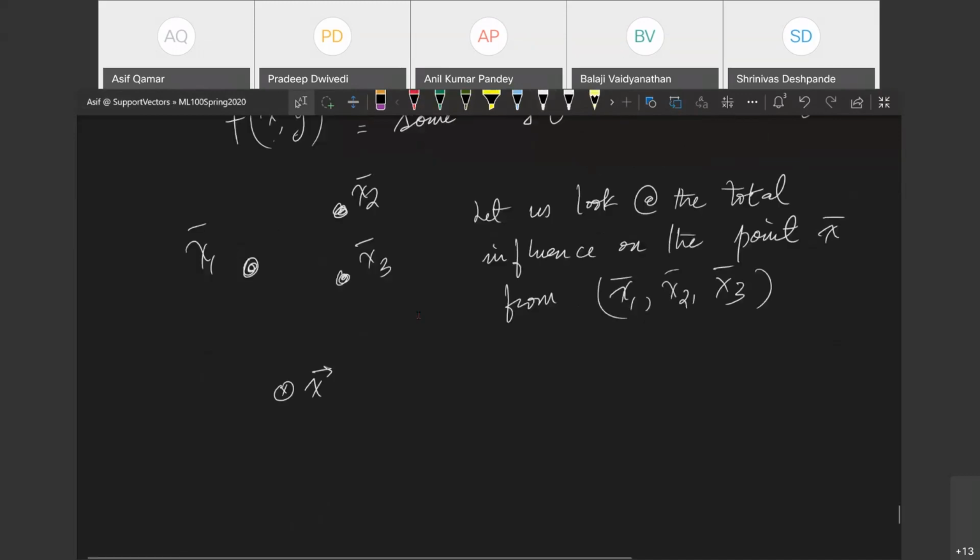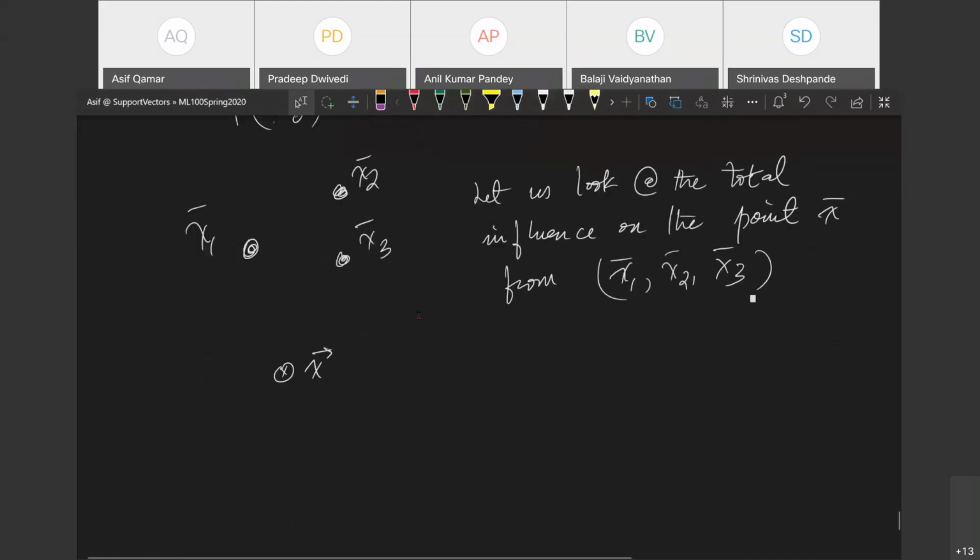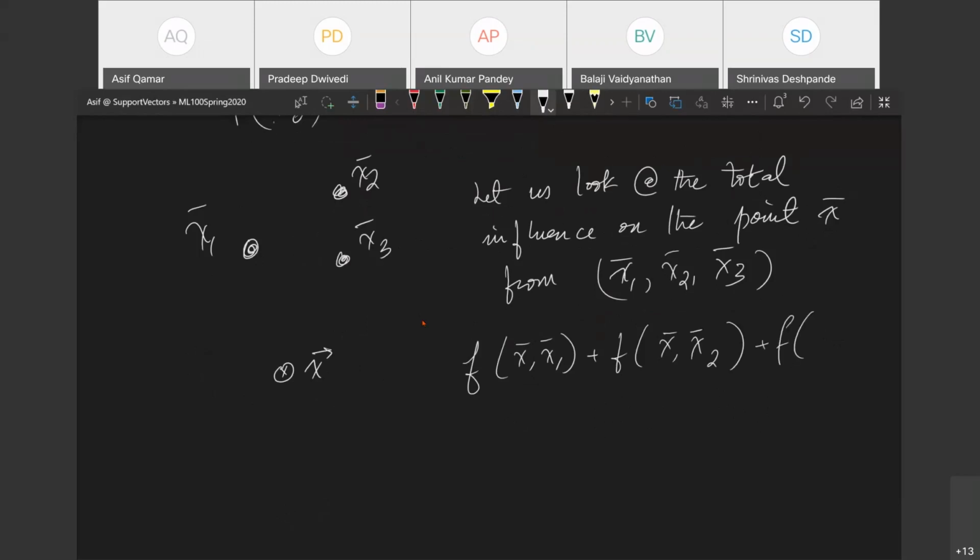You would say it is equal to f(x, x1) plus f(x, x2) plus f(x, x3). Would you agree? This is the light intensity at this point x, the sum of the influence from the 3 points.